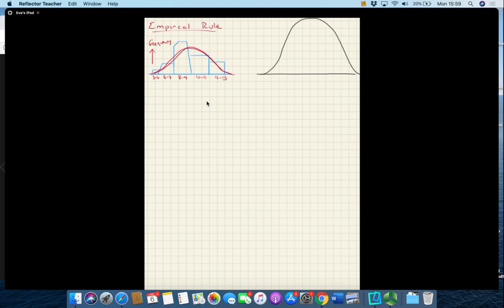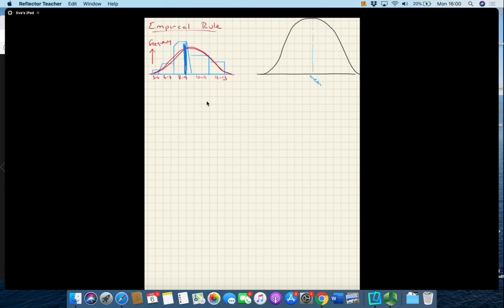What you'll find with the normal distribution, the same with the histogram, is that your mean value will be the value in the middle. Okay, so the value that occurs most often will be the mean value in the middle. My histogram is atrocious, but anyway, the value in the middle is your mean.